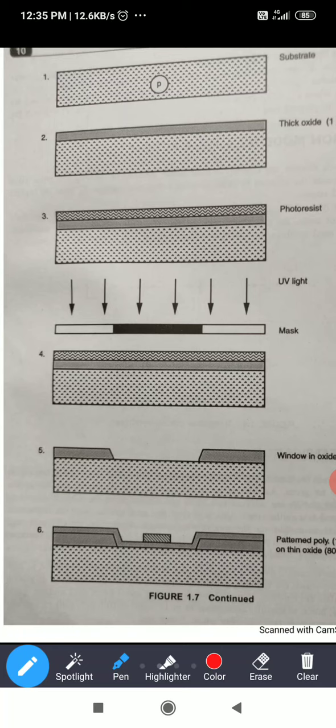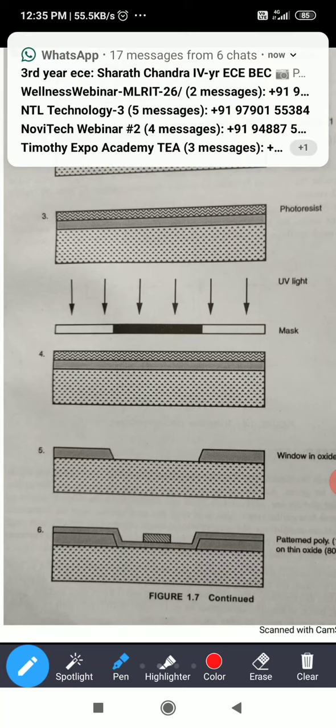Here processing is carried out on a thin wafer cut from a single crystal of silicon of high purity, into which the required impurities, here p-type semiconductor, so we will take p-type impurities, are introduced as the crystal is grown.